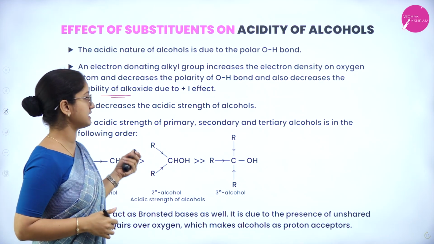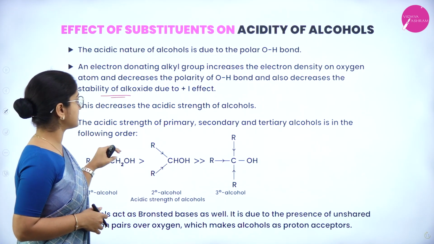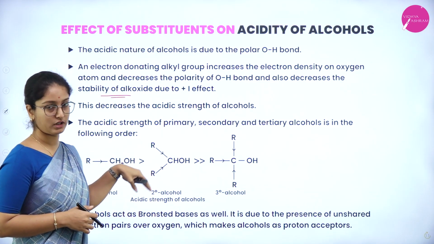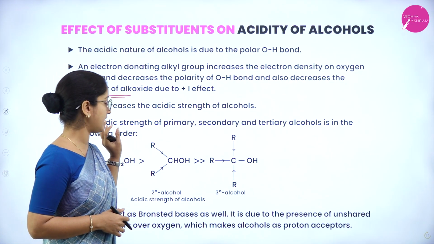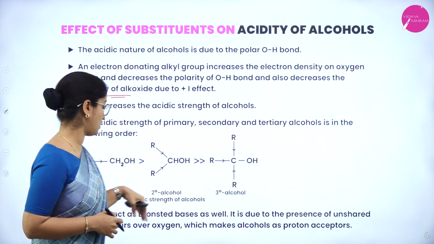This decreases the acidic strength of the alcohols, and therefore the acidic strength of primary, secondary and tertiary alcohols is in the following order: primary alcohol is greater than secondary alcohol, which is greater than tertiary alcohol.